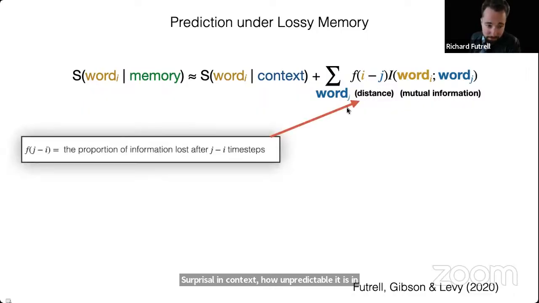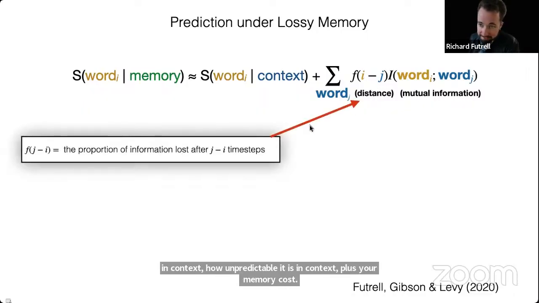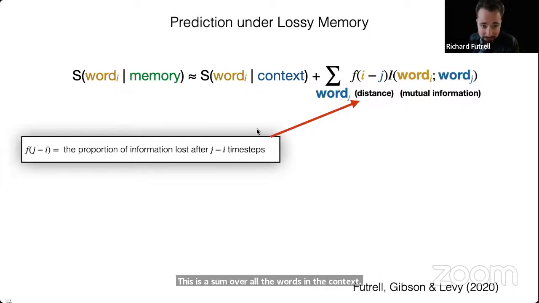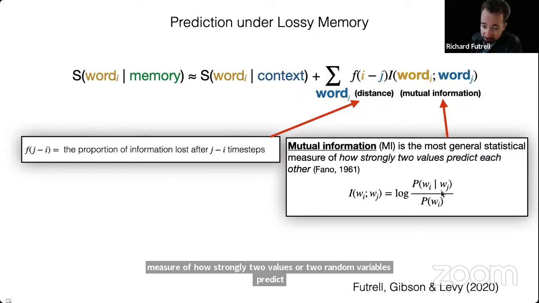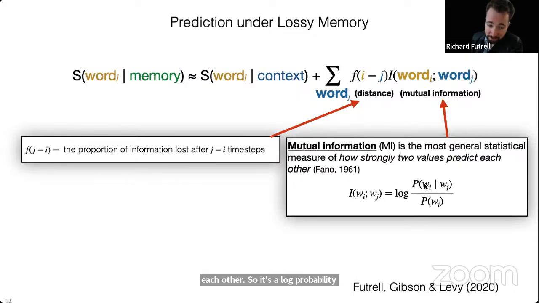This is a sum over all the words in the context of the distance between that word in the context and the current word, weighted by this thing called mutual information. Mutual information is the most general statistical measure of how strongly two values or two random variables predict each other. So it's a log probability ratio. You could also think about it as a difference in surprisal. It's just the most general measure of how strongly two things predict each other.